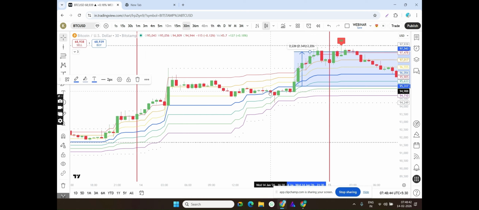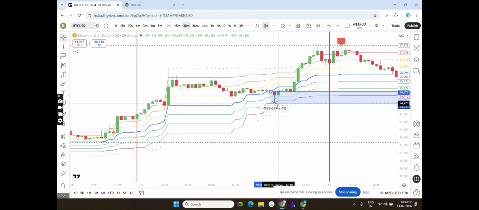On this short, let us check this also. Did we get the 1% trailing? No, we did not get the 1% target here, so this was definitely a stop loss for intraday players.